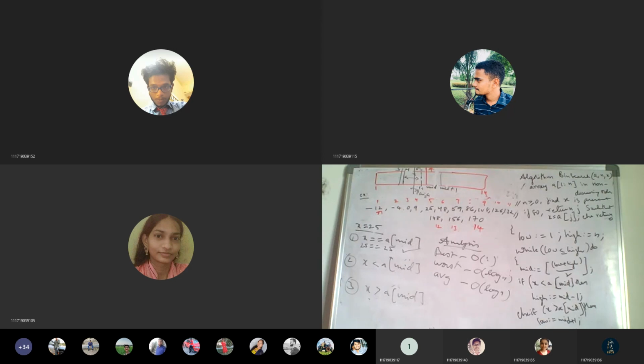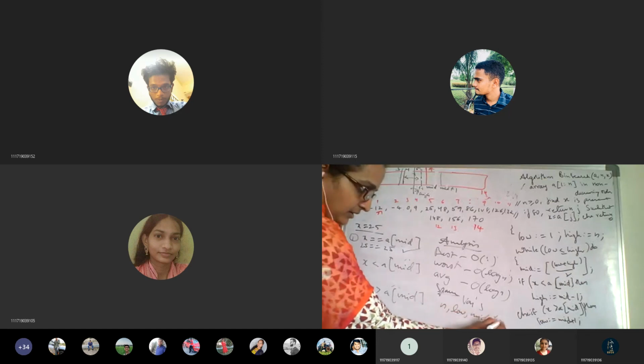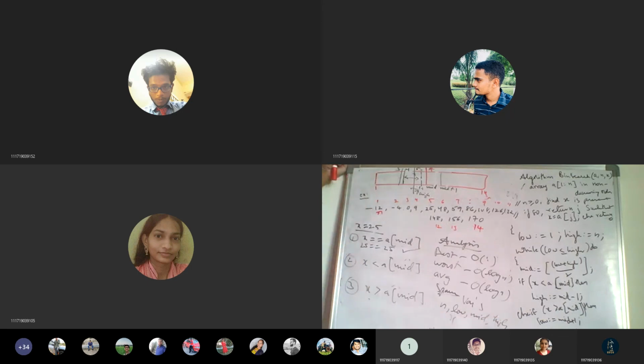For now, the space complexity is based on the number of variables. So what are all the variables here? We have the array A, n, low, mid, high, and the value you have to search. The last four variables take one each, and the array takes n elements.